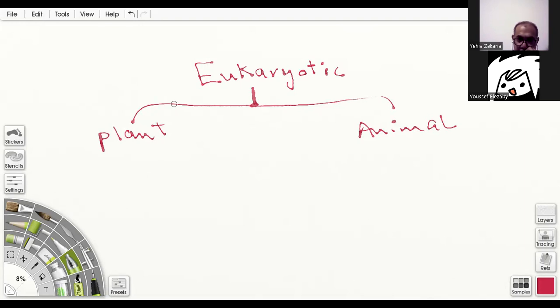Prokaryotic is usually bacteria, mostly bacteria, and eukaryotic is all the living cells like animal cells and plant cells. It is a more developed type of cell.